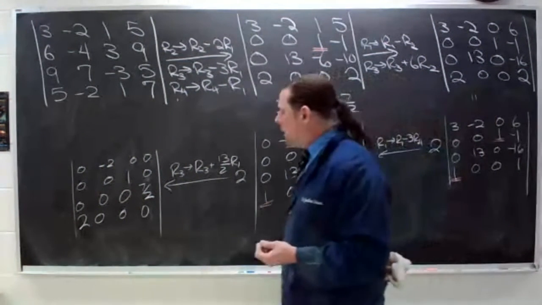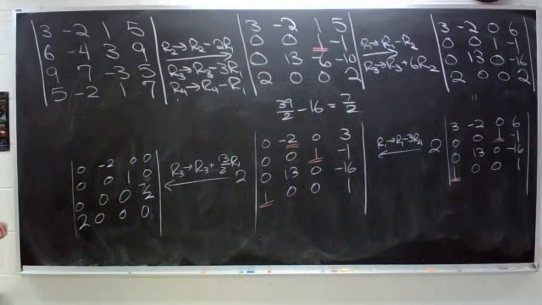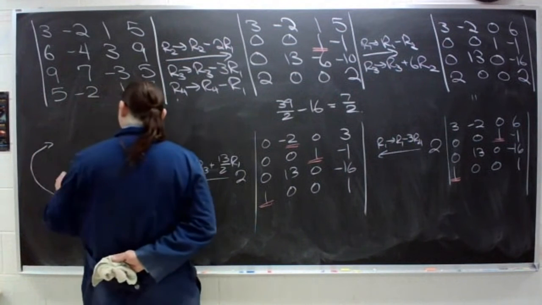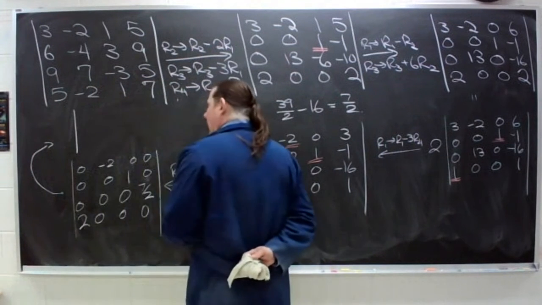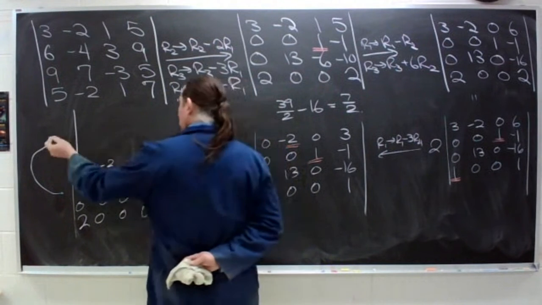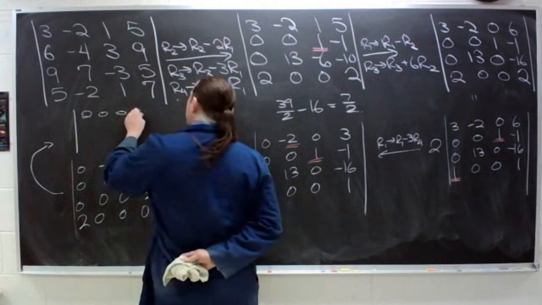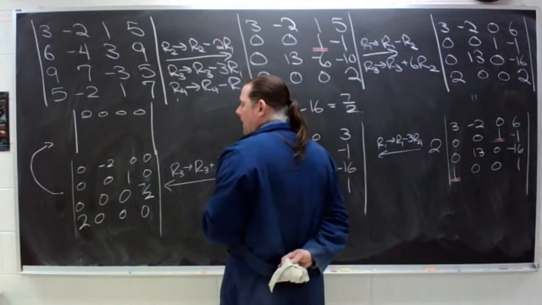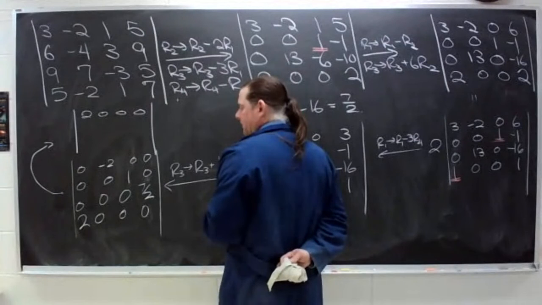Now what I'd like to do is swap the rows to change this into a diagonal matrix. All right, I'm going to swap the 4th and the 1st row. And I'm also going to swap these other 2.